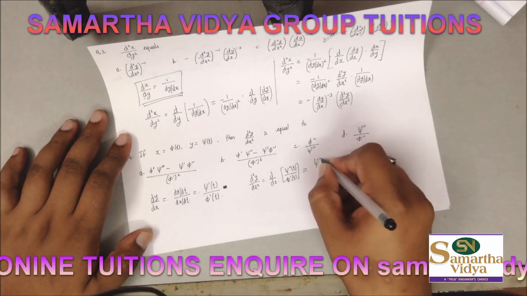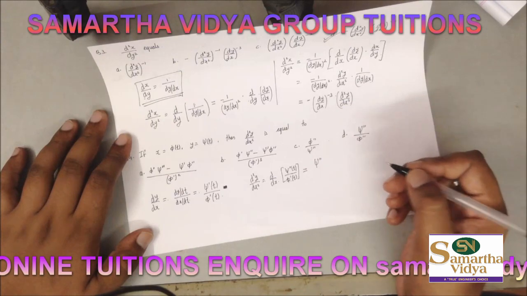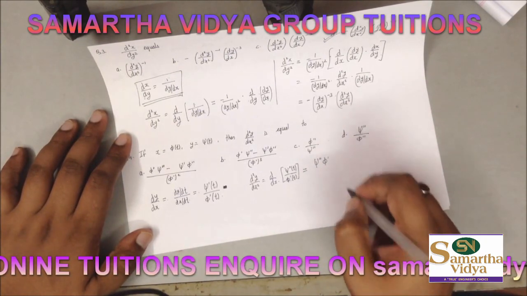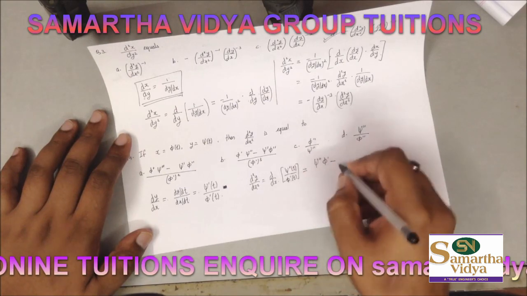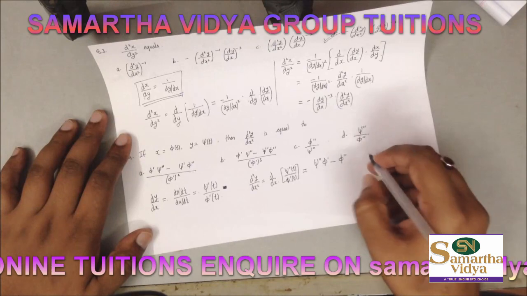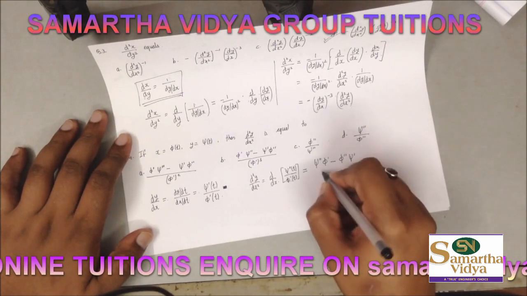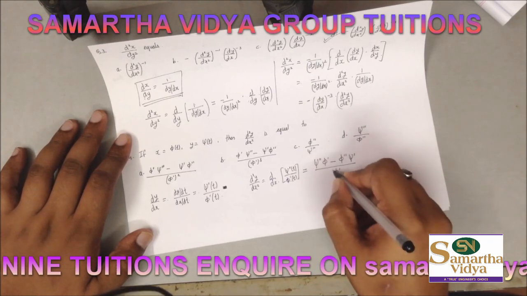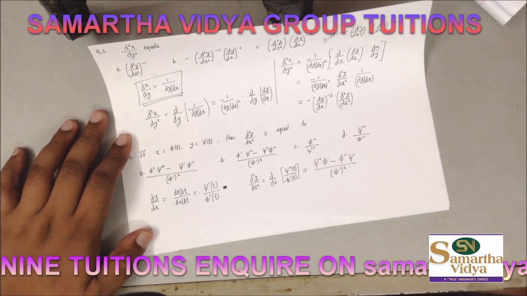So that means I get xi double dash into the denominator, so that means phi dash, minus the derivative of the denominator, so that means it's double dash of phi and single dash of xi upon the square of the denominator.